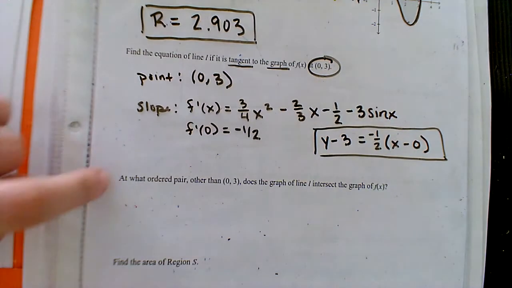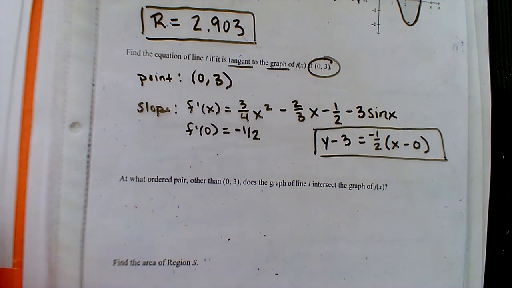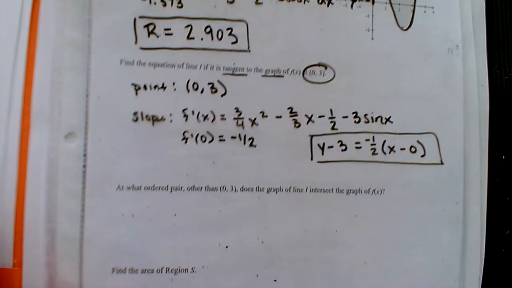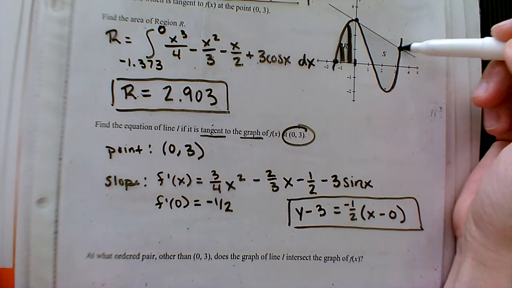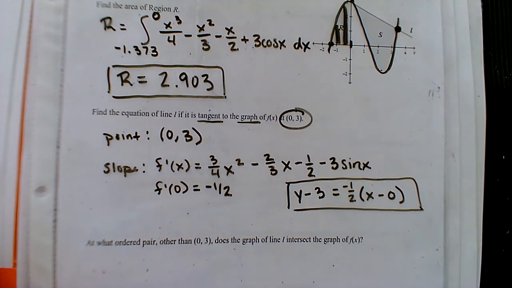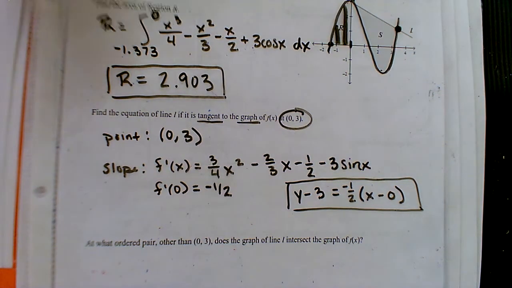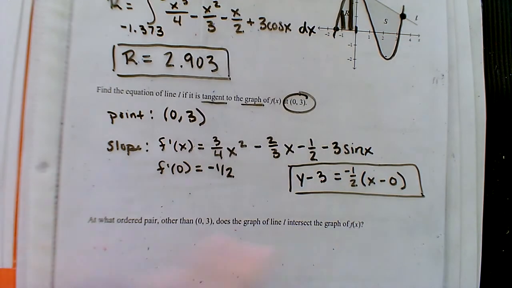Let's check out this line L a little bit further. At what ordered pair, other than (2, 3), does the line L intersect the graph of f? So at the top, we're looking for this point here. Since we have a calculator, we'll use that to our advantage to find the intersection. But you can only type in y equals equations on your calculator.